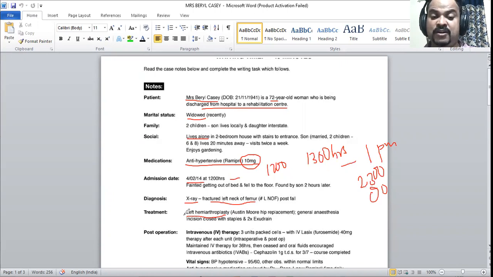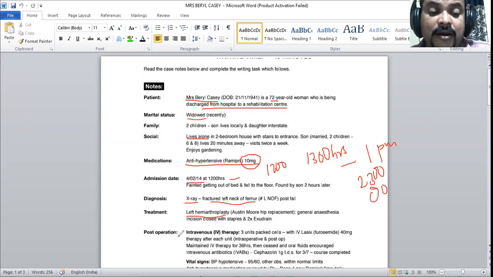Right now we are going ahead with the left hemiarthroplasty because the fracture is in the left femur. If I want to write Austin Moore hip replacement, then I have to say on the left side. So I have to minimize the number of words here. As we can see, the case note is a little bit lengthier than usual.